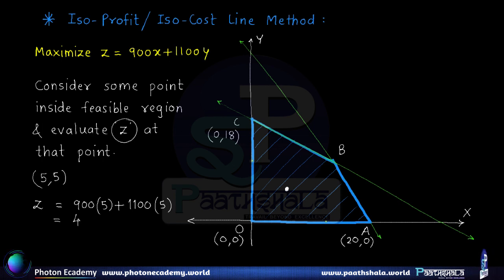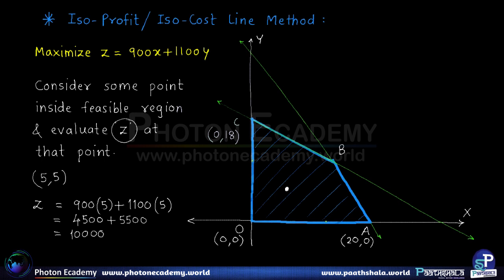That turns out to be 4500 plus 5500, which in turn is 10,000. So here we get the expression 900x plus 1100y equals 10,000.